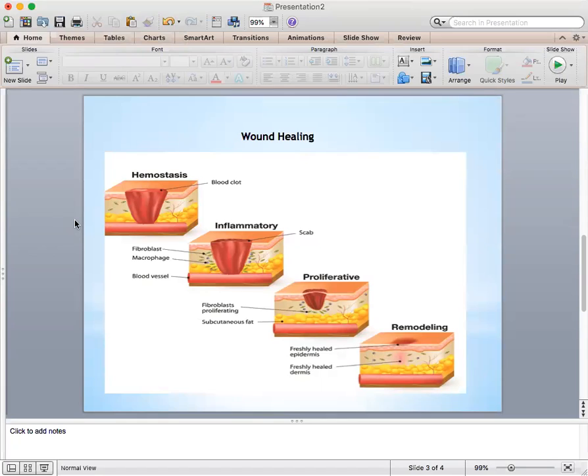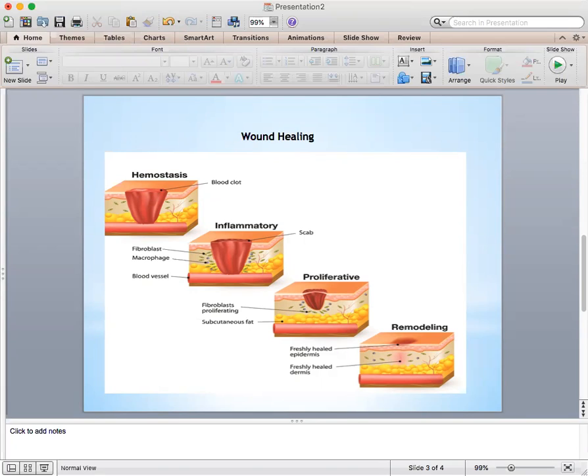which has four major overlapping phases. First one is hemostasis, that means blood clot formation. Second phase is inflammation. Inflammation is the response of the body to painful stimuli. Third phase is cell proliferation and migration.